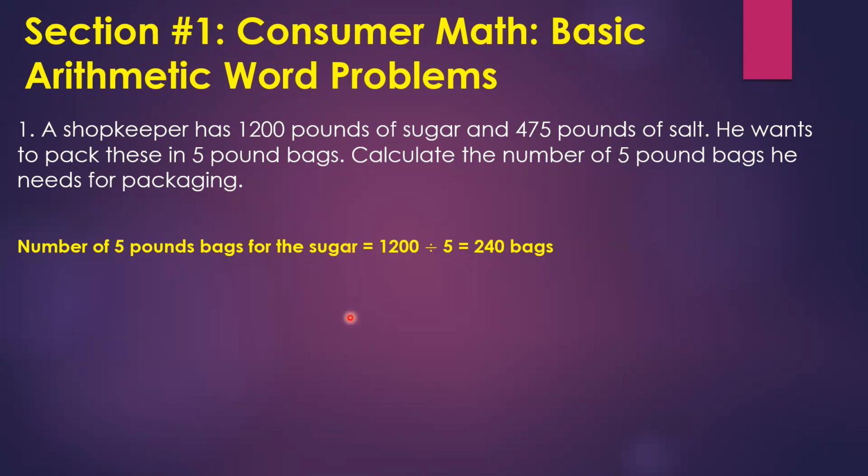Yeah, let's figure out how many 5-pound bags of salt we can get. And how do we do that? Divide 475 by 5. Good. And when we divide 475 by 5, what is our answer? 95 bags. So we have 240 bags of sugar and 95 bags of salt. So Ajani, what are we going to do to get our final answer?